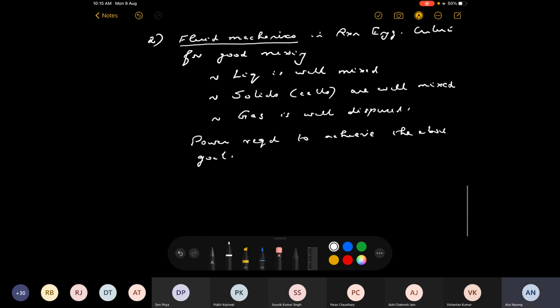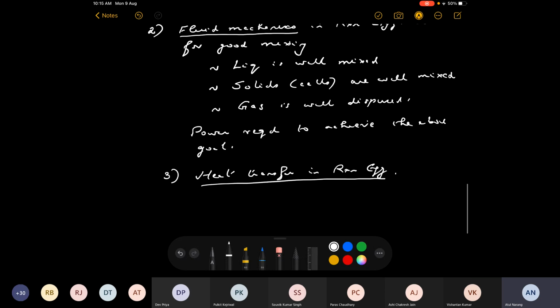And then the third part is again transport phenomena, that is heat transfer, and heat transfer in reaction engineering. This is actually, I might skip it because you've done this. This is really trivial. This is essentially all about calculating. So actually, I should mention here that heat is released when cells grow.